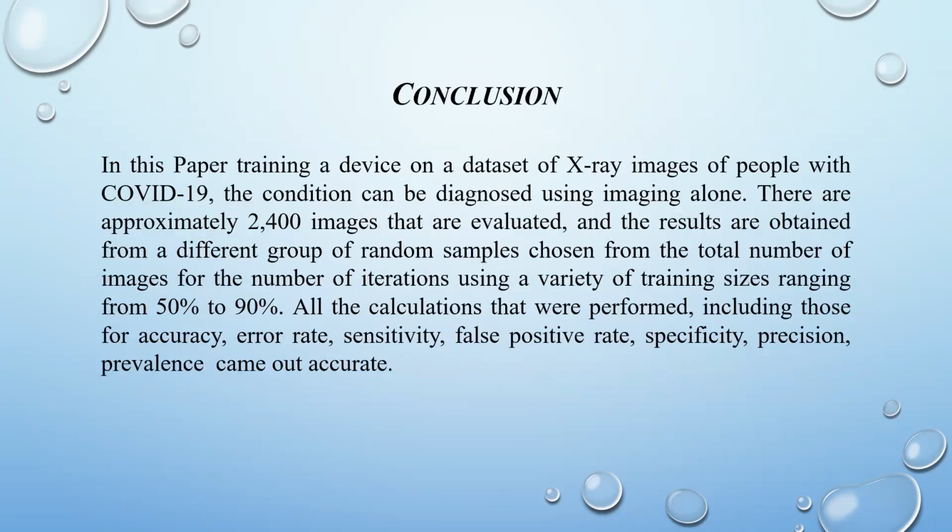Conclusion. In this paper, by training a device on a dataset of X-ray images of people with COVID-19, the condition can be diagnosed using imaging only. Approximately 2,400 images were evaluated, and the results are obtained from different groups of random samples chosen from the total number of images, over a number of iterations, using a variety of training sizes ranging from 50 to 90%.